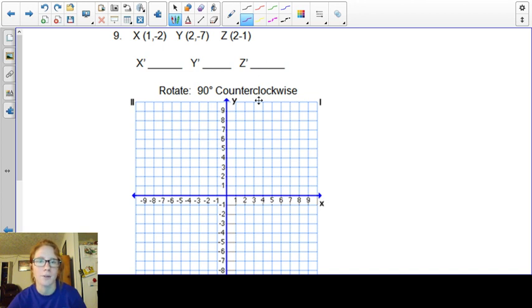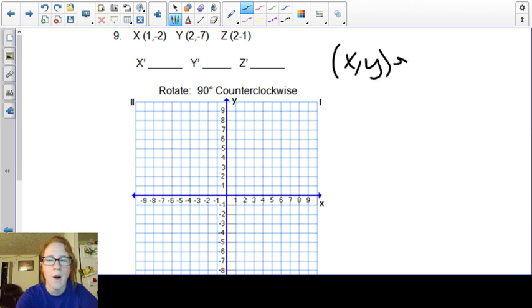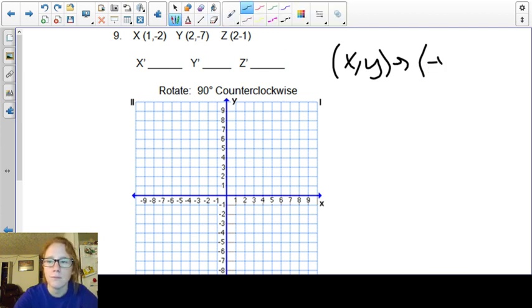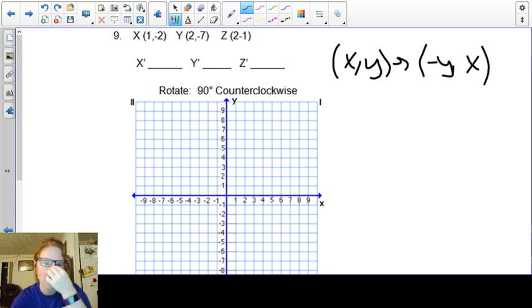Alright, number 9, we're going to do counterclockwise 90 degrees, which is what you see on your formula sheet. So that's where my x, y will turn into -y, x. My x and y switch spots, and then the y becomes opposite.